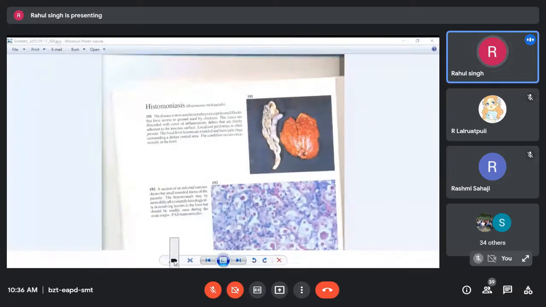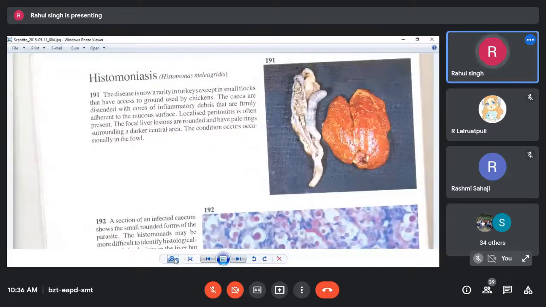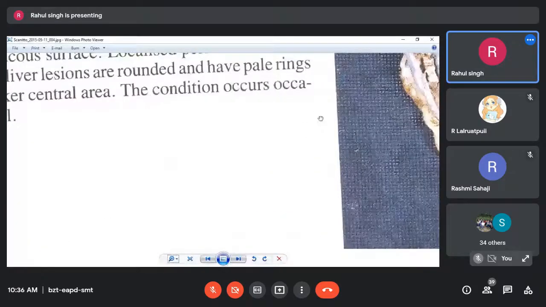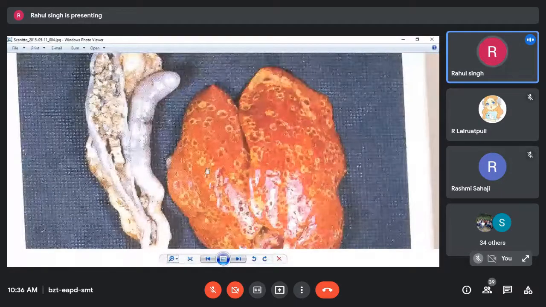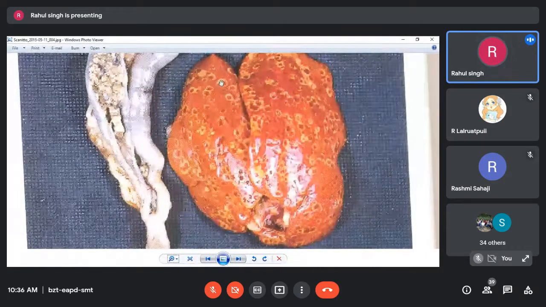Then Histomonas meleagridis, histomoniasis. You can see here the liver of the turkey is showing typical ulcerative developments or typical necrotic lesions with periphery pale and central core area as the depressed necrotic part.